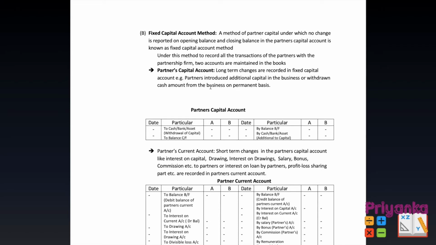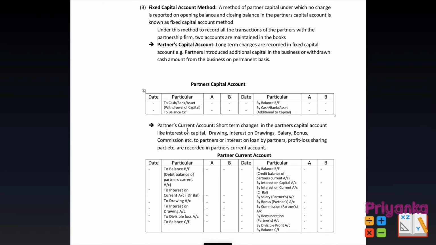So when we are dealing with the fixed capital account method, in the capital account only the opening balance and the closing balance come, and you can see the cash, bank or asset if additionally coming into the business, that time it has to be recorded, or if withdrawn by the partner, that time only this much entry will come.